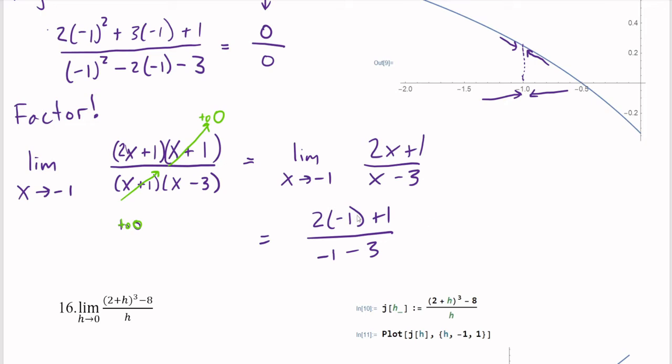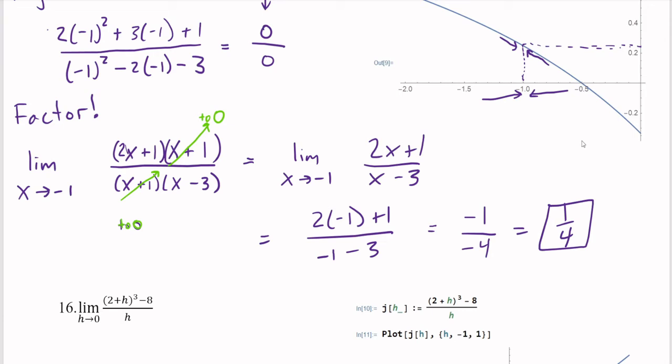That gives me -1 over -4, which equals 1 over 4. Which, it's a little tough to do this, but that looks about right. About 0.25. There we go.